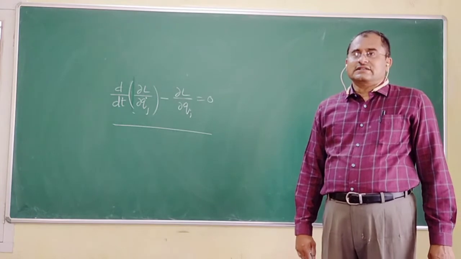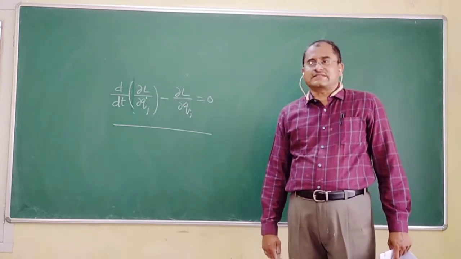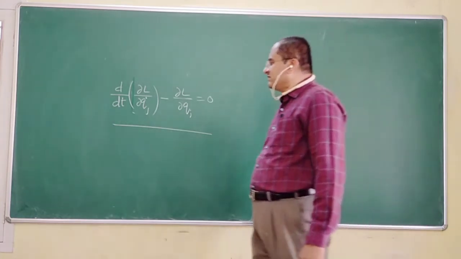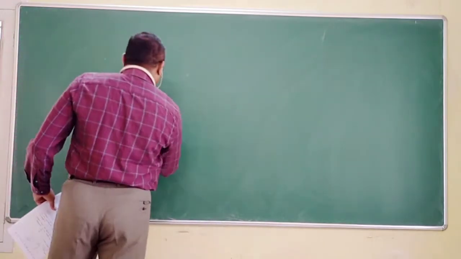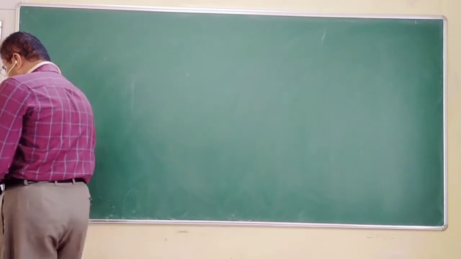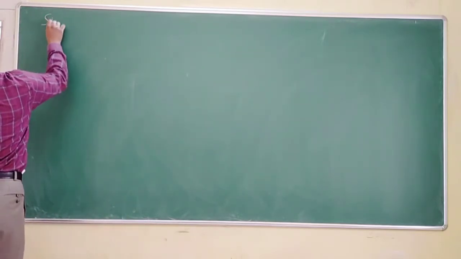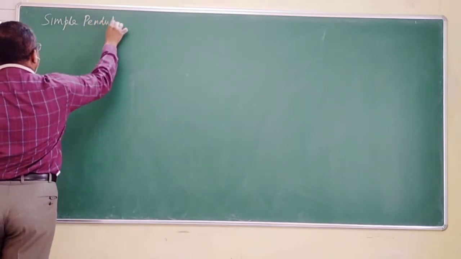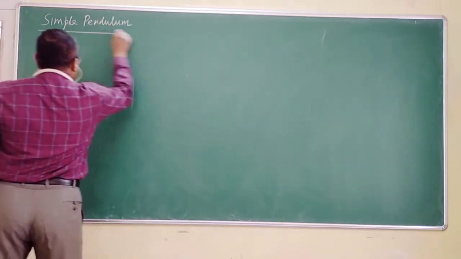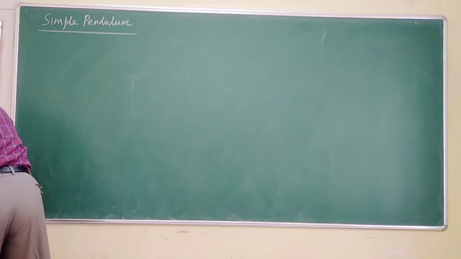The first example we are going to see is the simple pendulum, which we have studied from our lower classes. So, we will start with the simple pendulum. Let me draw a simple diagram for this.